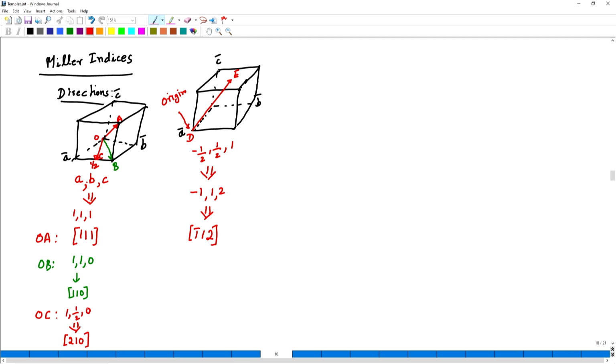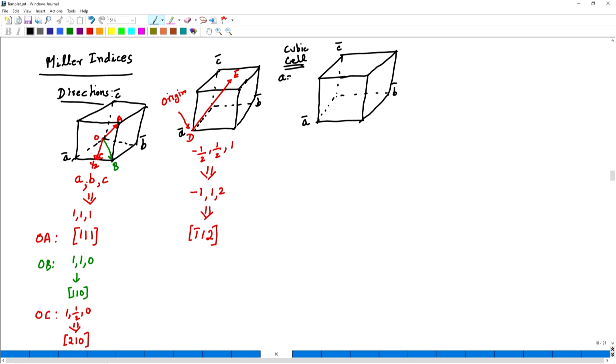Now, coming to some specific unit cells. Suppose I take a cubic unit cell. This time I am taking a cubic cell as defined in the Bravais lattice, which is A equals B equals C. Let me consider first a direction like this.